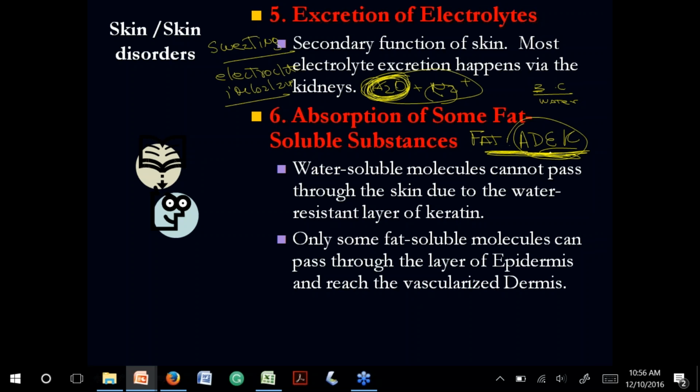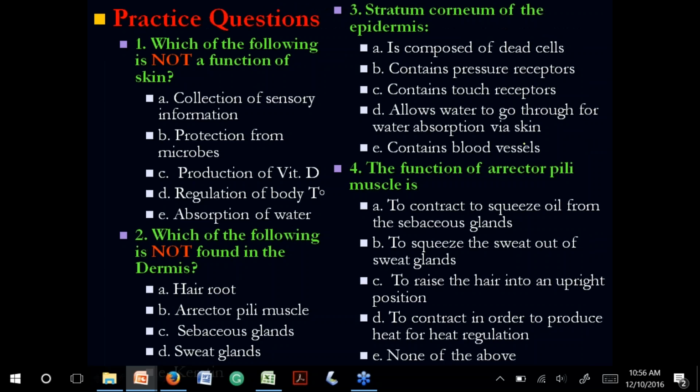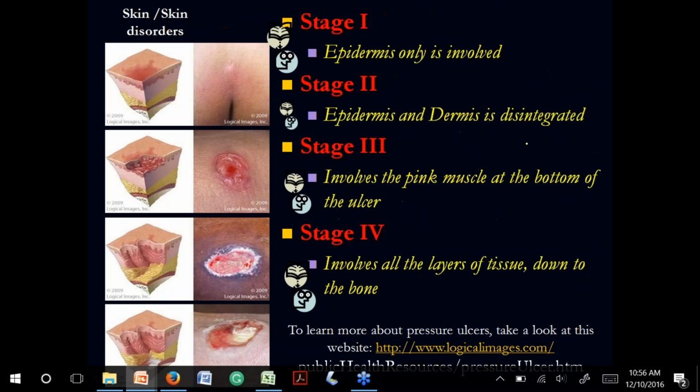The ones that pass through the skin easily are the ADEK vitamins: A, D, E, and K. Okay, so let's keep going.